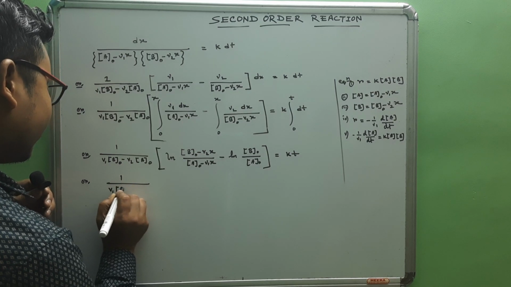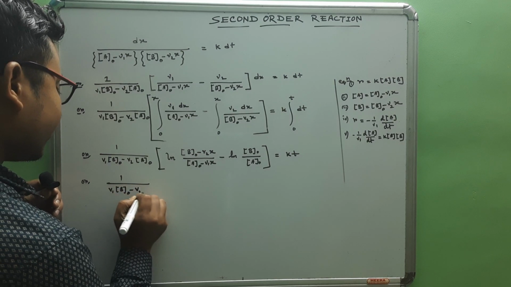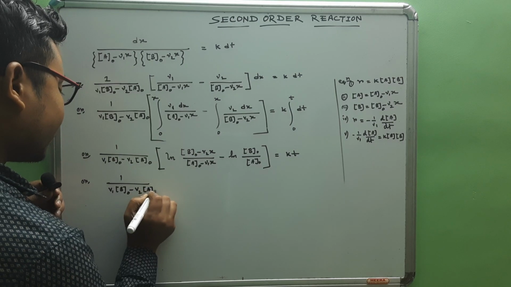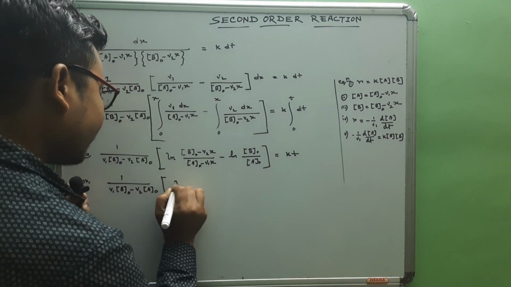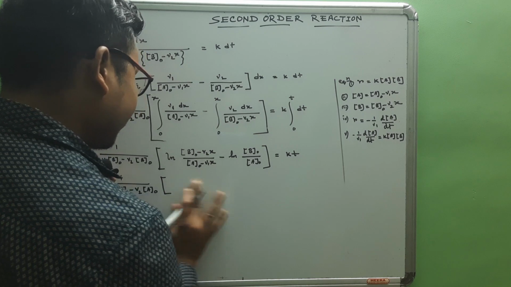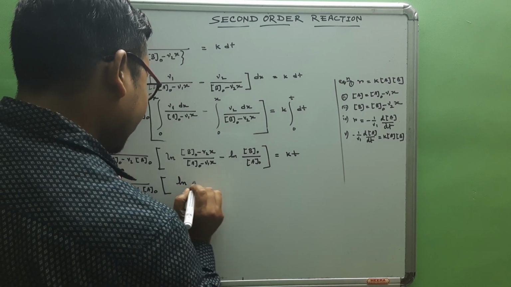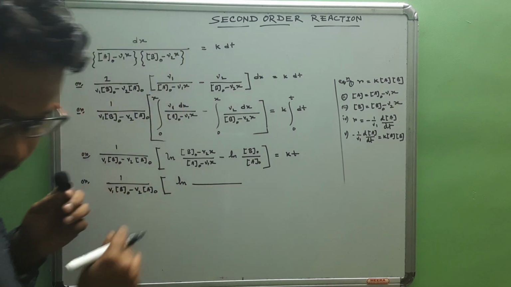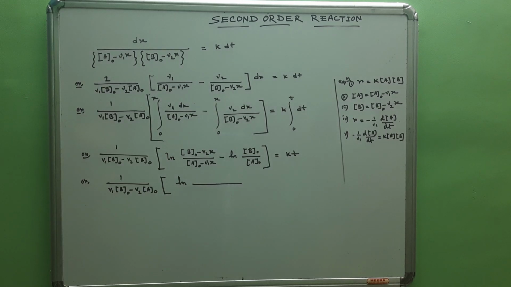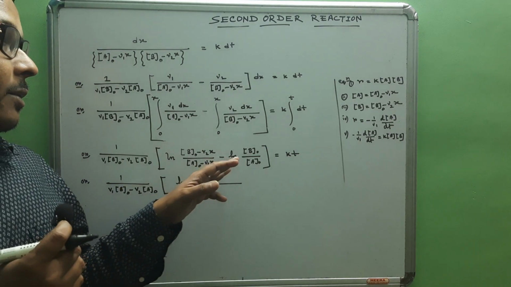Nu 1 b0 minus nu 2 a0, so this is the full formula of log a minus log b.